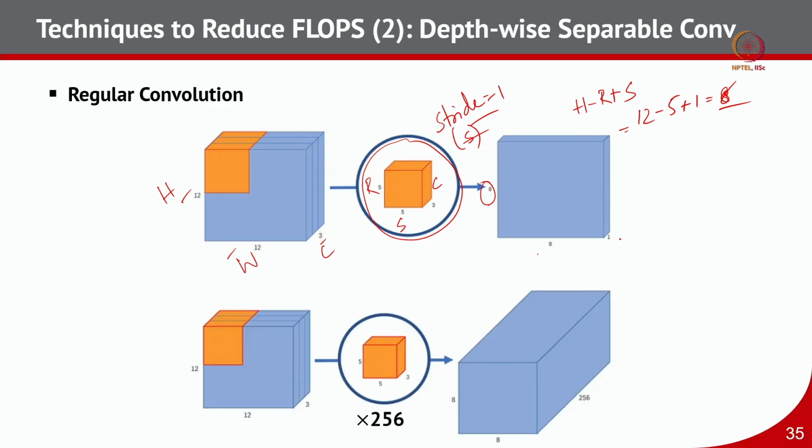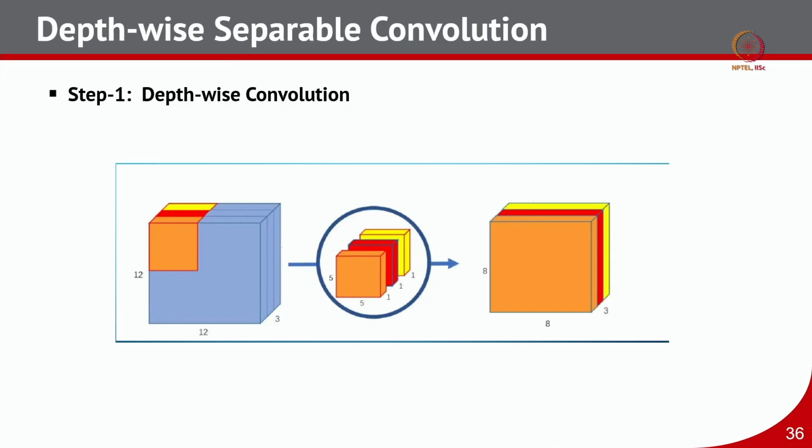Now if we have 256 such kernels, then we will have 256 channels in the output image, which we already saw, right. Now let us see what happens in depthwise separable convolution. As I was saying, there are two steps. First is depthwise convolution. We have the same input image 12 by 12 by 3 and a filter 5 by 5 by 3.